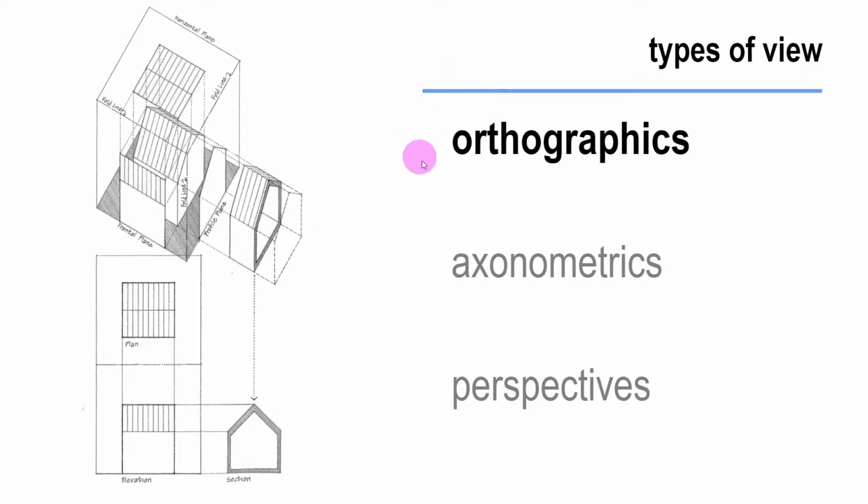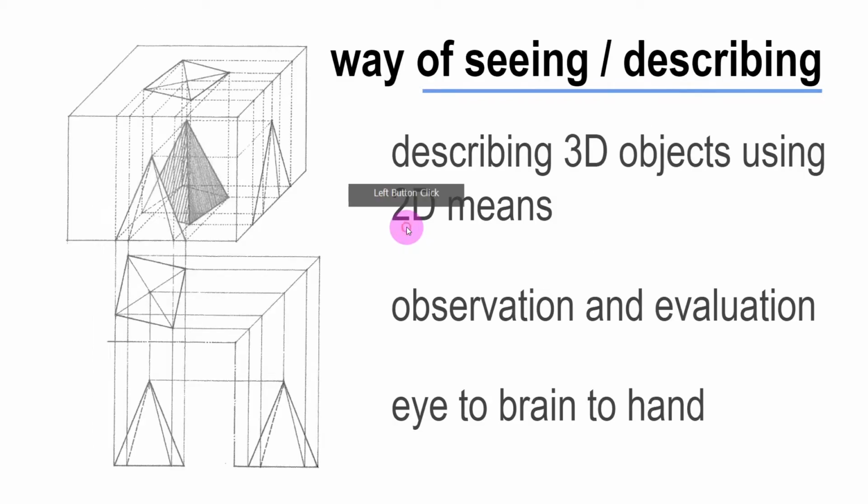Orthographics tend to be a little hard for students in just kind of taking that 3D form and breaking it into 2D views, but with practice comes understanding. Not perfection, because perfection is a social construct, but it comes understanding.